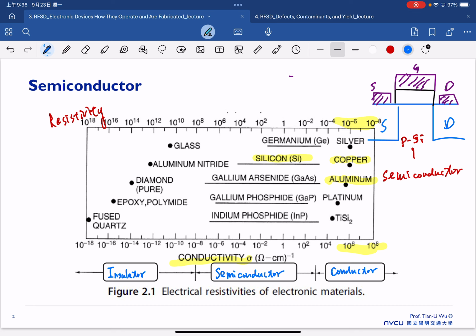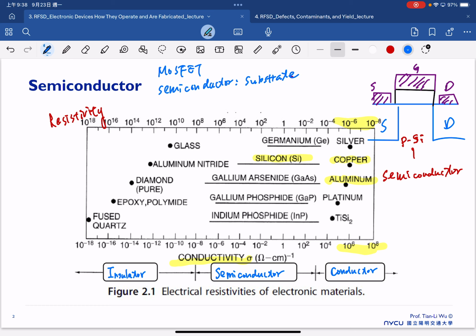So if you look at the typical structure for the MOSFET, we actually will use these three different kinds of material to fabricate our device. So first of all, we have a semiconductor. In this case, it will be the substrate.